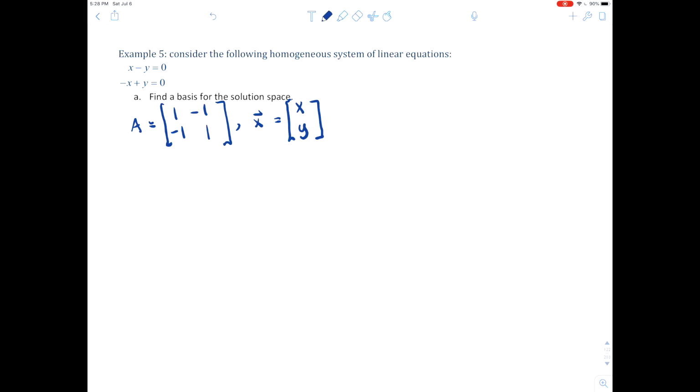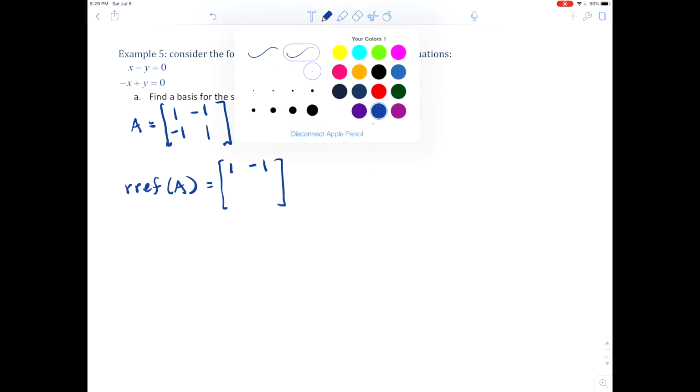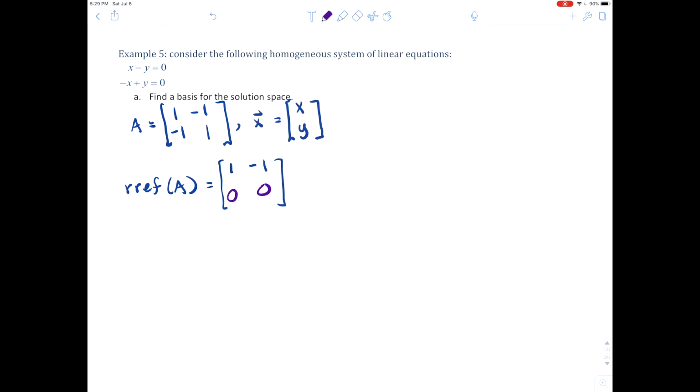So what's our REF of A? Well, actually, this one we could do by hand. I mean, if we just added row 1 plus row 2 for a new row 2, what do we get? Beautiful. We'll have 1, negative 1, and then we'll have 0, 0.